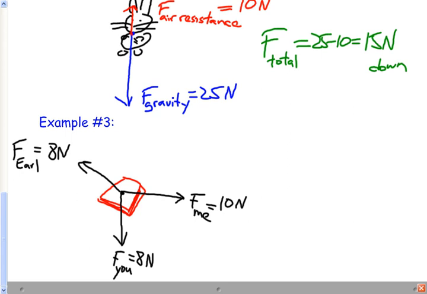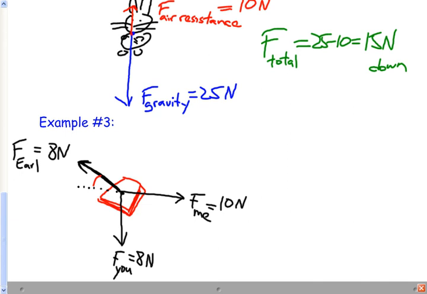So in this case, all the vectors aren't completely in the same line, so we have to be a little more careful. There's actually a number of ways to deal with a situation like this, especially if we knew exactly what this angle was.